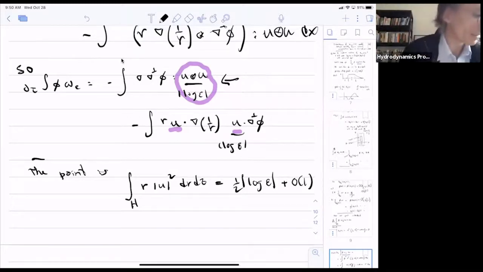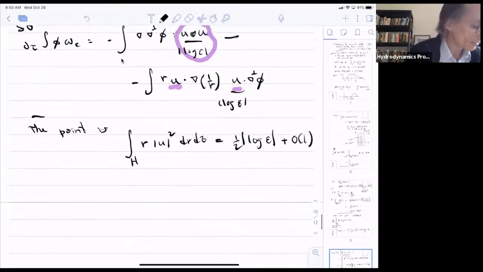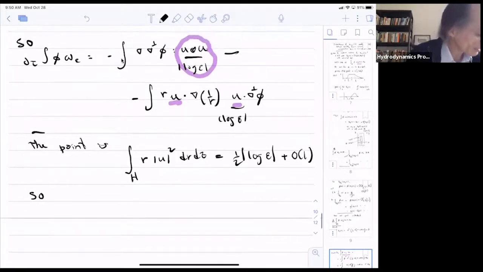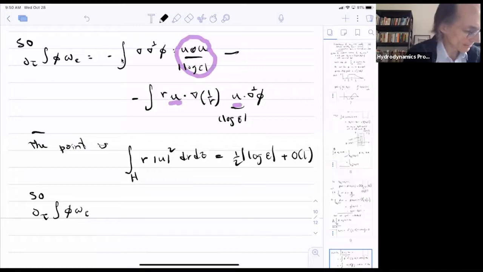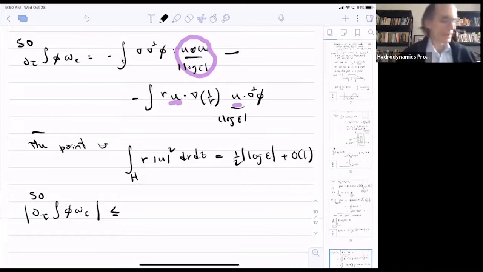And so this d tau of phi omega epsilon, okay, so this first term is just a linear combination of second derivatives, phi xi xj, or phi r, phi z, second derivatives, multiplied by quantities involving components of u, ui, uj.